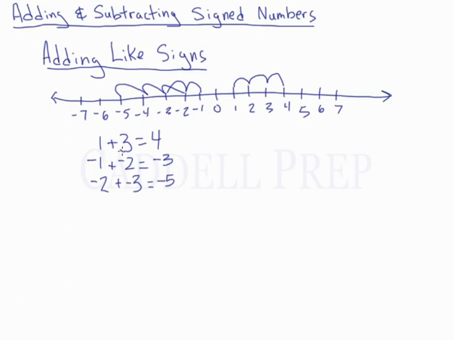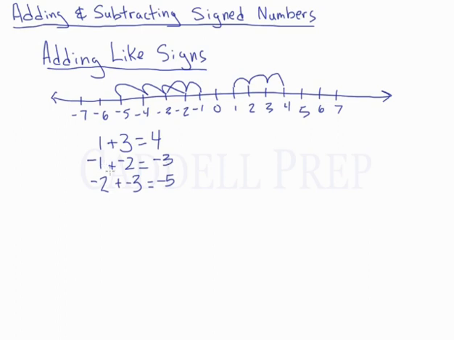So what we see here is that 1 plus 3 is 4. Negative 1 plus negative 2 is negative 3. Negative 2 plus negative 3 is negative 5. Let's make sense of this. We all know 1 plus 3 is 4, and 1 plus 2 is 3. So if the signs are the same, you just add these two numbers together. 1 plus 2, 3.